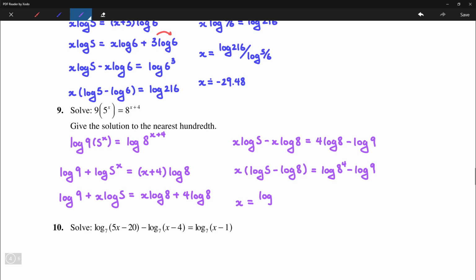So one way to write the answer is to have log 8 to the 4th power minus log 9 all over log 5 minus log 8.